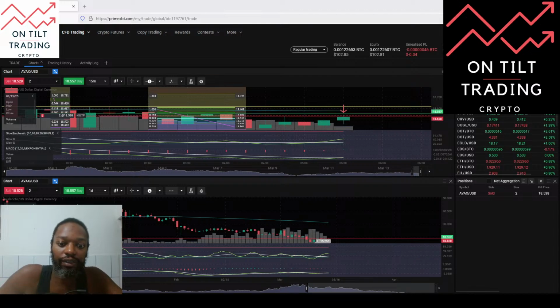I use this technical line here as a barometer on whether or not I think a currency pair is strong or weak. If a currency pair is trading above the 200 EMA, I classify it as strong, and I want to only look for longs.